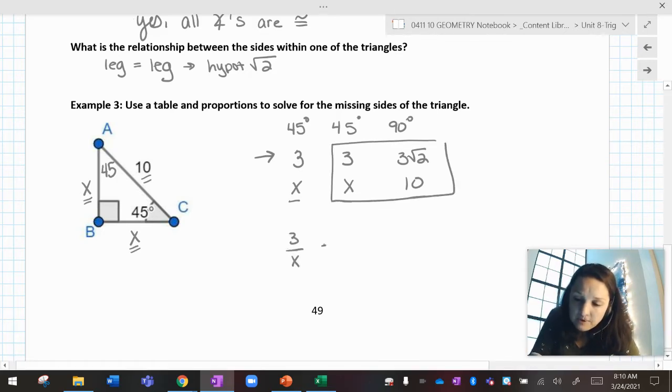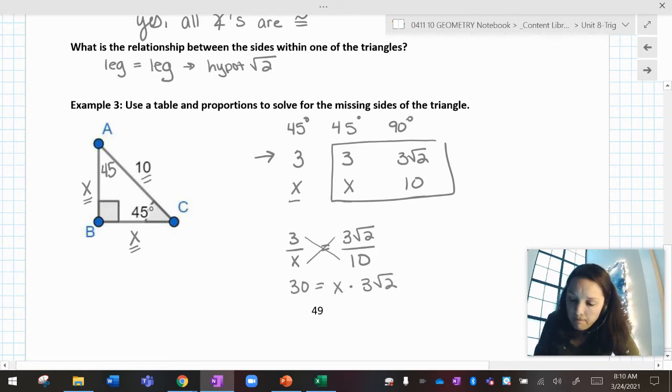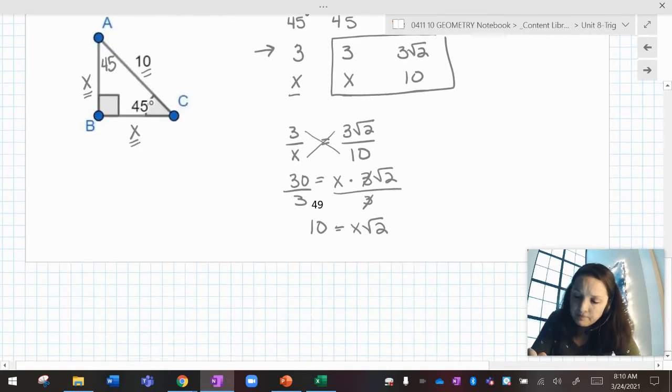3 over x equals 3 root 2 over 10, and then cross multiply. So I have 30 equals x times 3 root 2. If I'm solving for x, I'm going to divide by 3, and that's 10 equals x root 2. Then I'm going to divide by root 2.